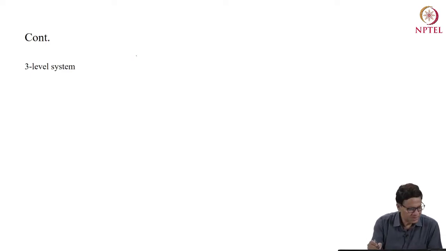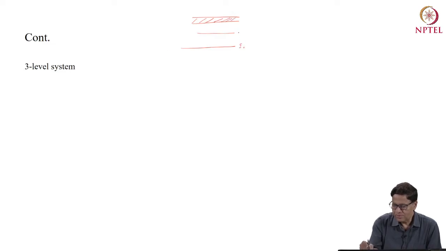So a 3-level system is basically where you have 3 levels here. So this is energy E0, E1, E2. First you give some pump energy. It can be another source of light, so that the electrons are lifted to energy level E2.